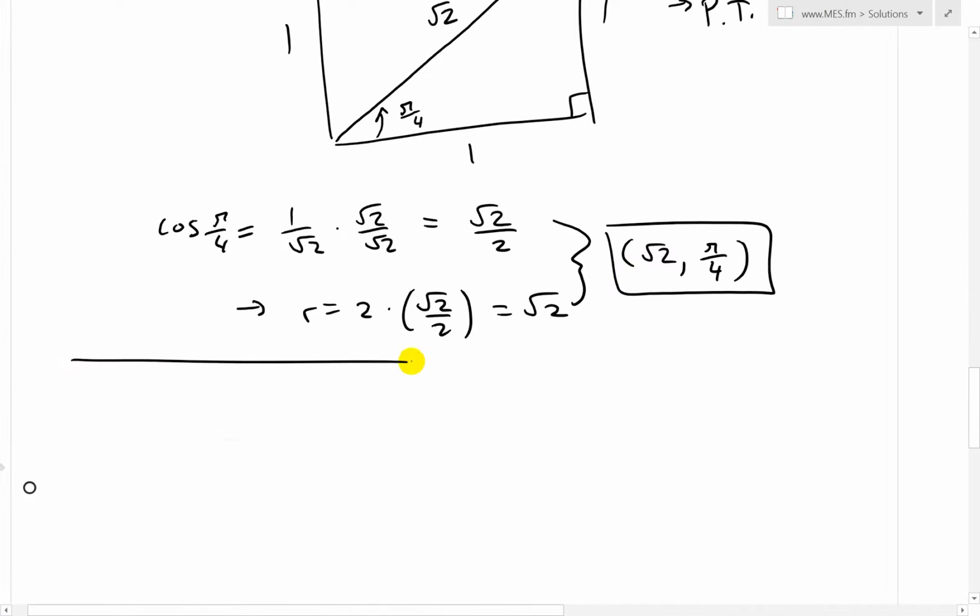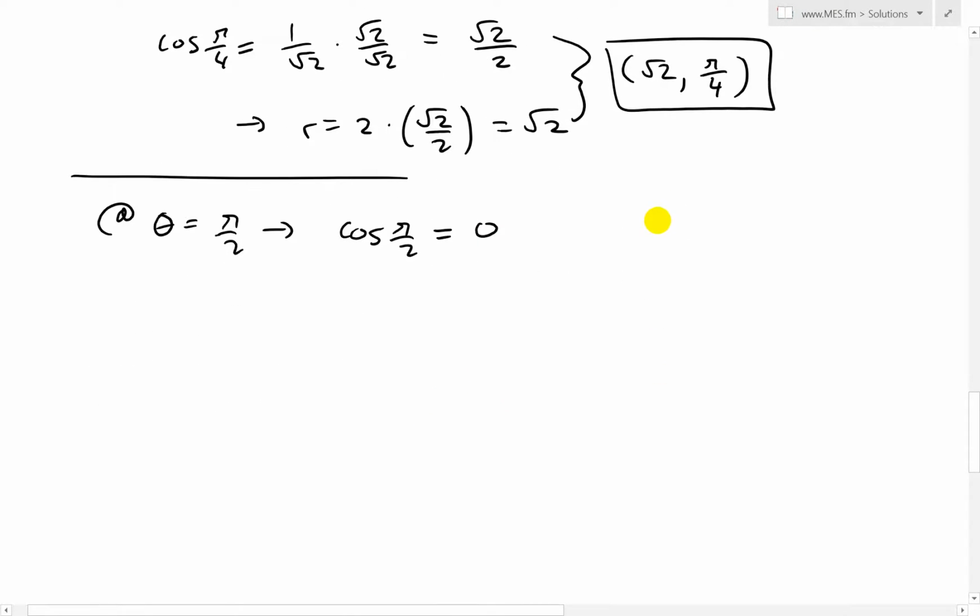At theta equal to pi over 2, recall that cosine pi over 2 is equal to 0. Remember, this is 90 degrees, so you just have a flat line. Adjacent is 0 over hypotenuse 1, so we have 0 over 1, which goes to 0.